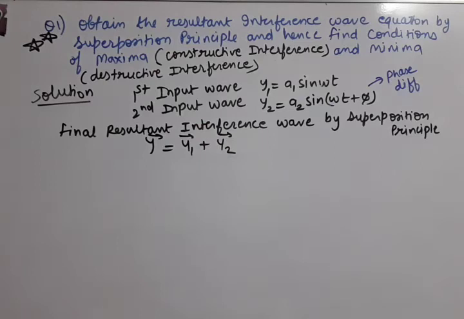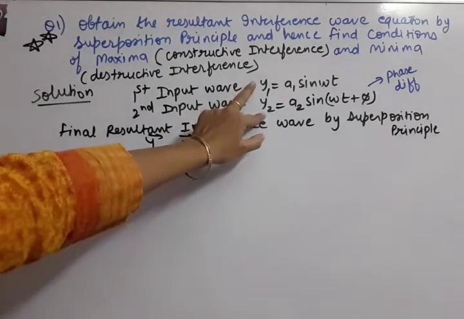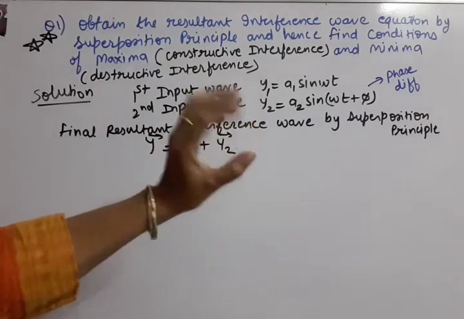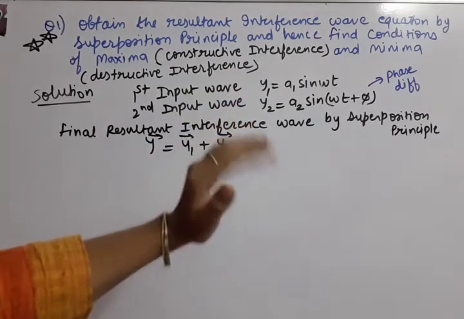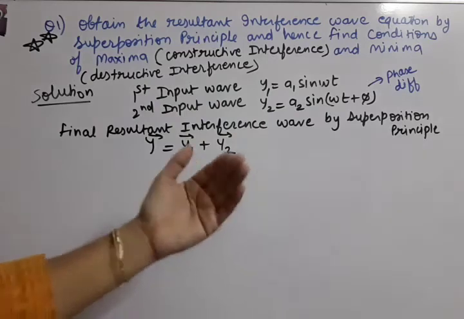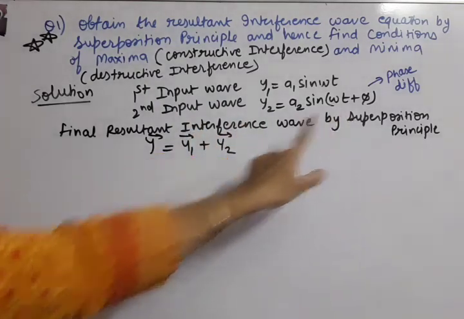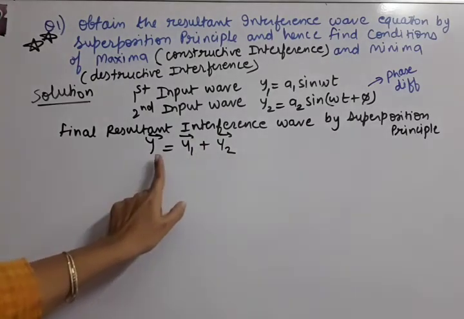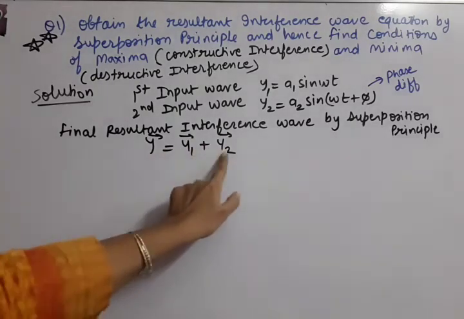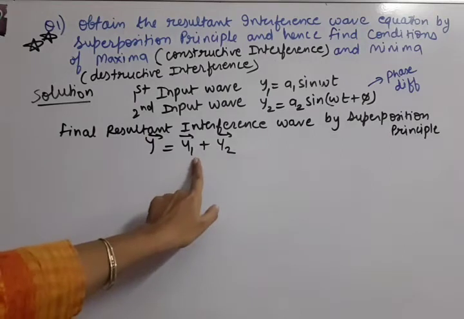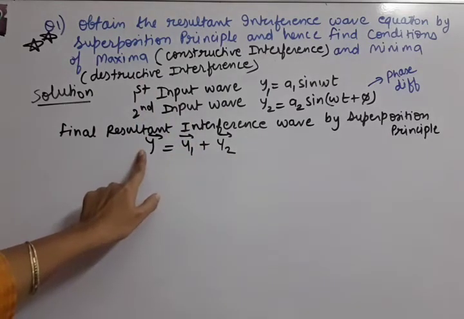Okay, for the interference. Now both the input waves will merge, they will mix or they will superimpose, and they will generate a new wave. So how to get the new wave, meaning the interference wave? That is by the superposition principle. Superposition principle means you have to add the two input waves, that will give you the output wave equation.